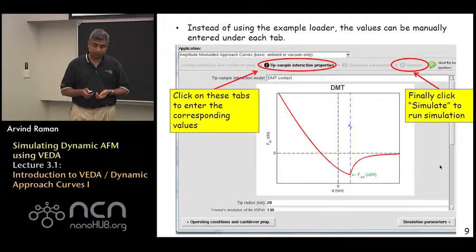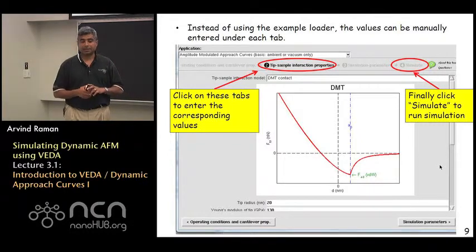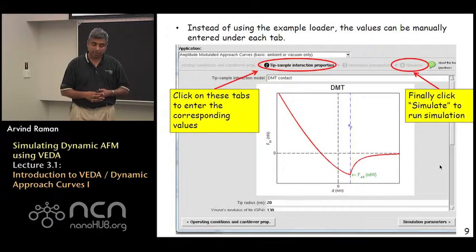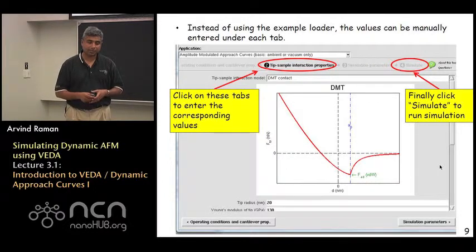Then you move on to the next window, which is tip sample interaction properties. Now, as I said, the choice of DMT interactions and all the parameters associated with them are already put in place, but you absolutely have the possibility of changing things or choosing a different tip sample interaction model as you see fit.